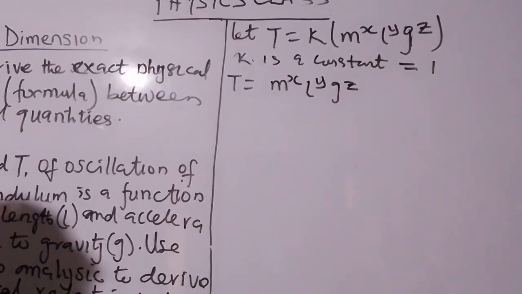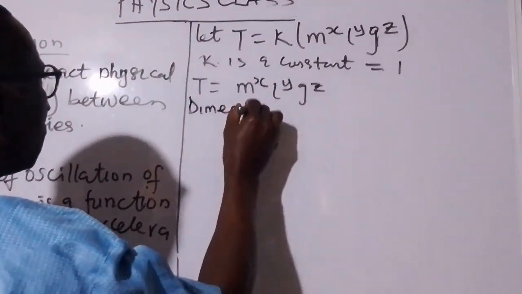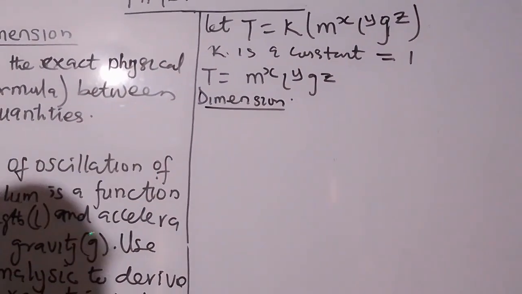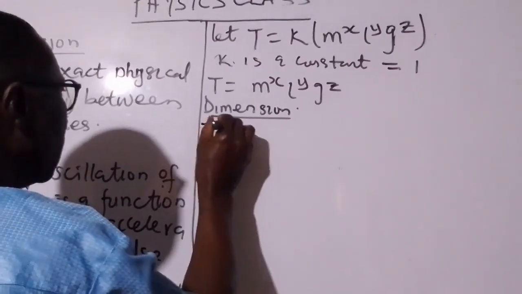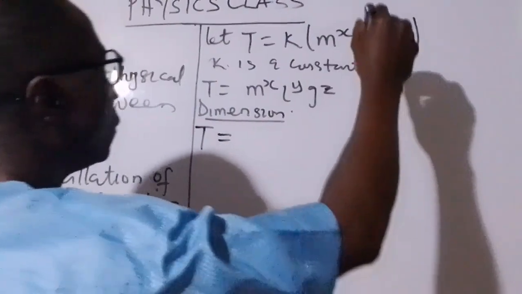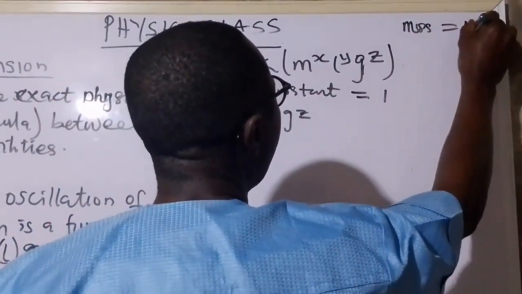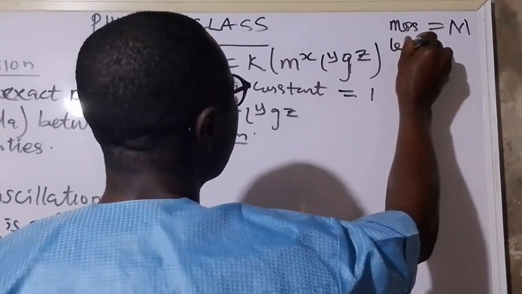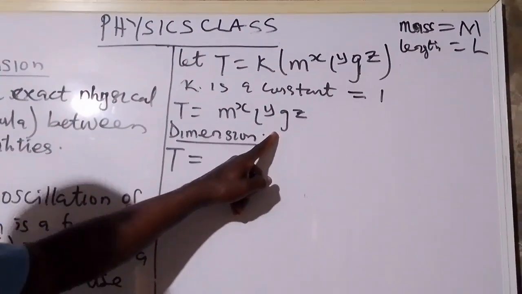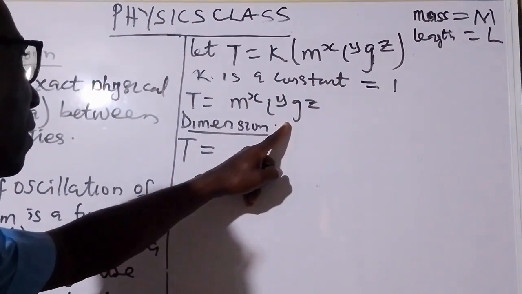Now, to write the dimension of each quantity. From the question, the period T is written as capital letter T. It means the dimension of period. Mass, as I told you in the last lesson, the dimension for mass is capital M. For length is capital L. For acceleration due to gravity, don't forget we did that for linear acceleration in our previous lesson.